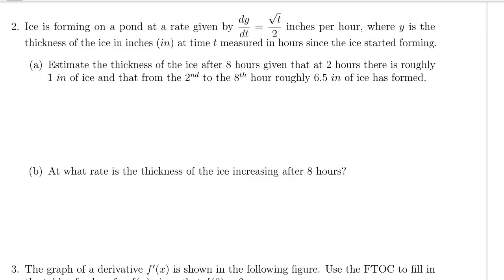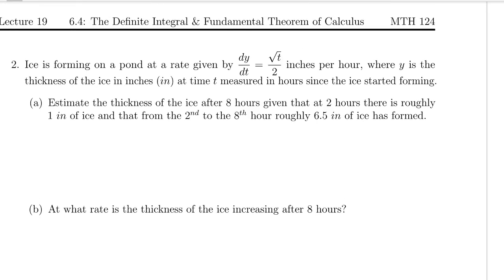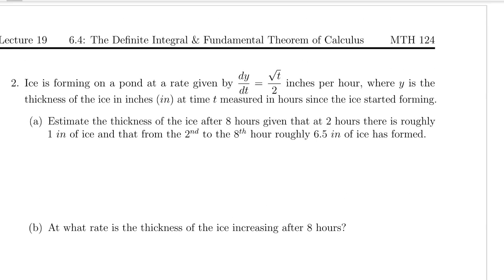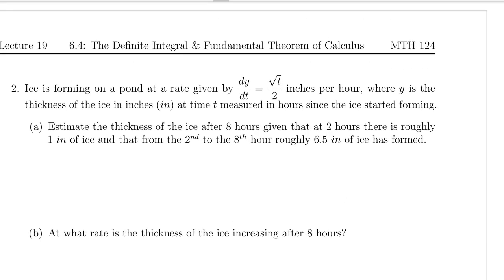So let's go ahead and work through a few more of these problems and get a handle on using this fundamental theorem of calculus. So remember that this notation dy dt, that's Leibniz notation, and that's equivalent to y prime of t. So don't be thrown off by that.